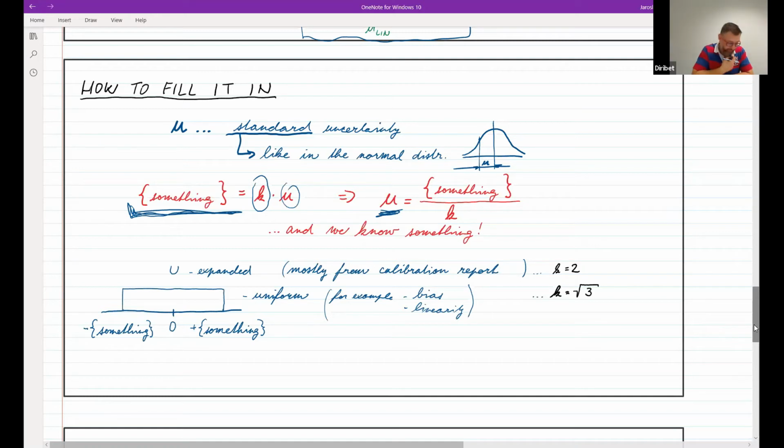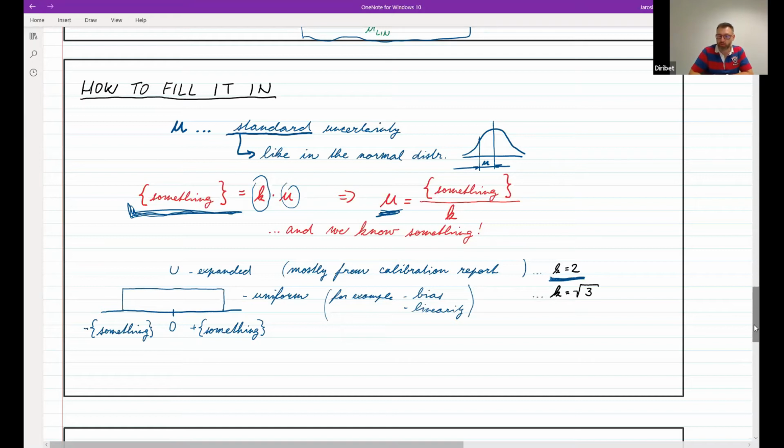So what is something? Quite often, we will get what's so-called an expanded uncertainty. This is mostly in calibration reports, and this is the type of reports which reads somewhere the uncertainty given here was multiplied by 2 because it approximately has a coverage of 95% probability. So besides that capital U, that expanded uncertainty, you will get the K, the expansion factor, usually written somewhere in the report.